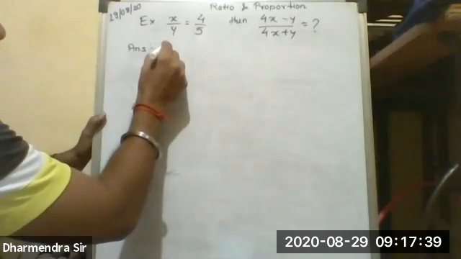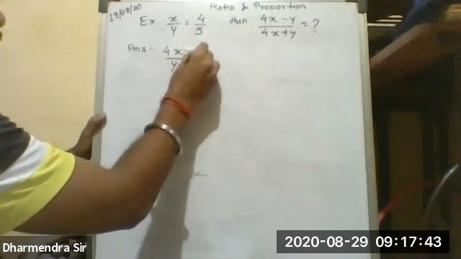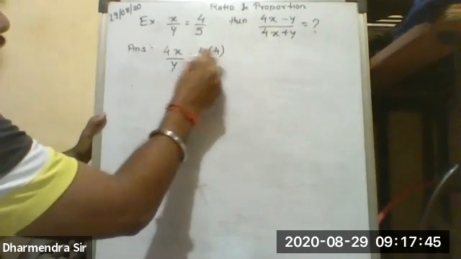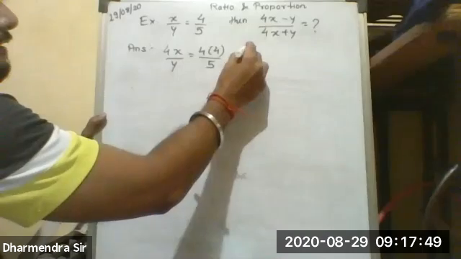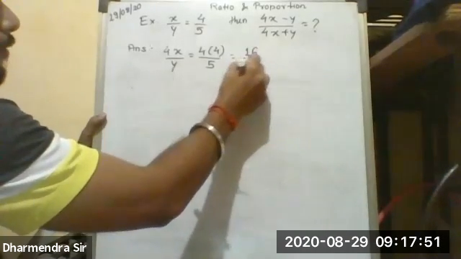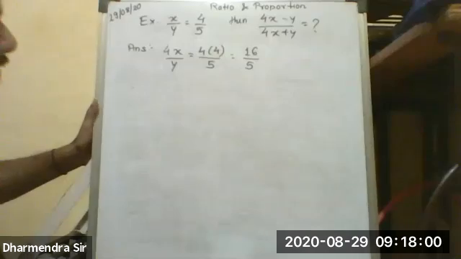So therefore, 4 into x upon y is equal to 4 into 4 upon 5. 4 into 4 is 16 upon 5. So I got the value of 4x by y. 4x by y is equal to 16 by 5.